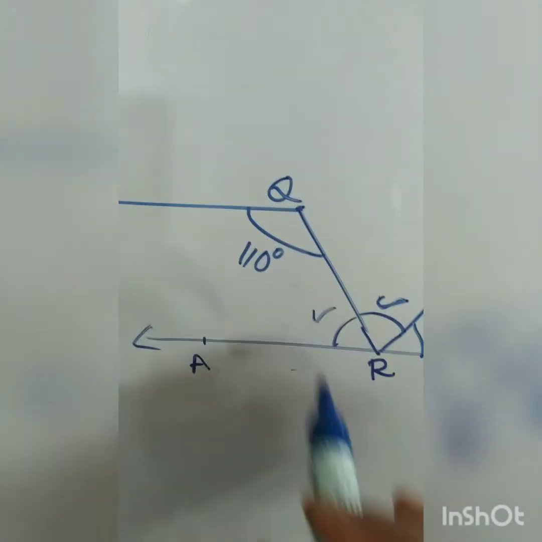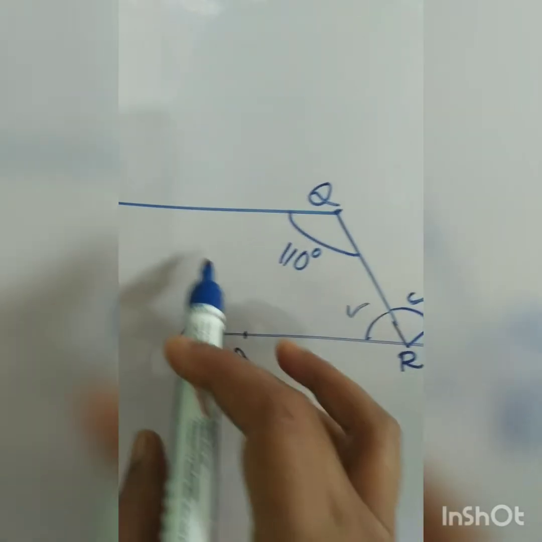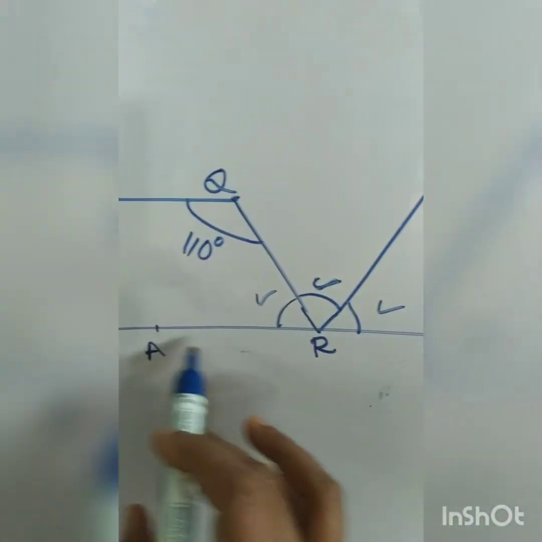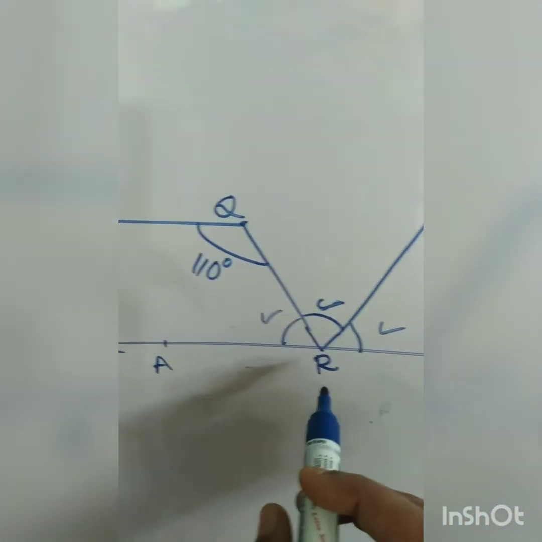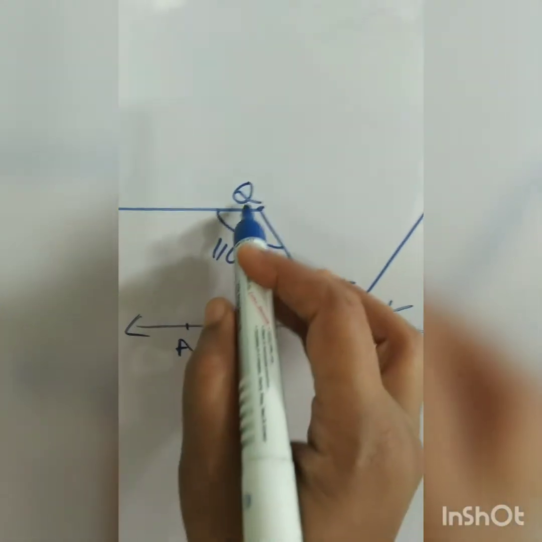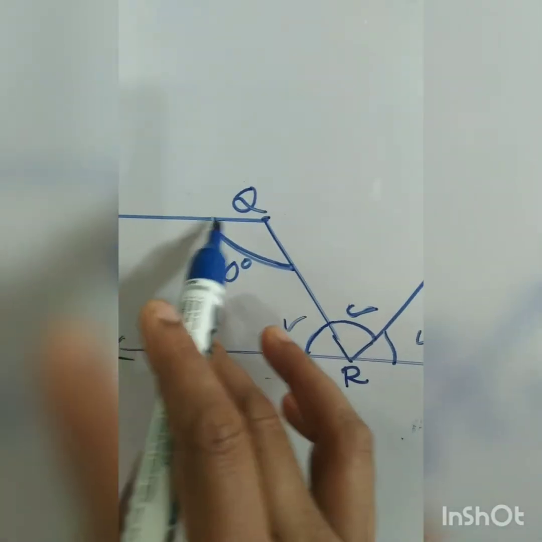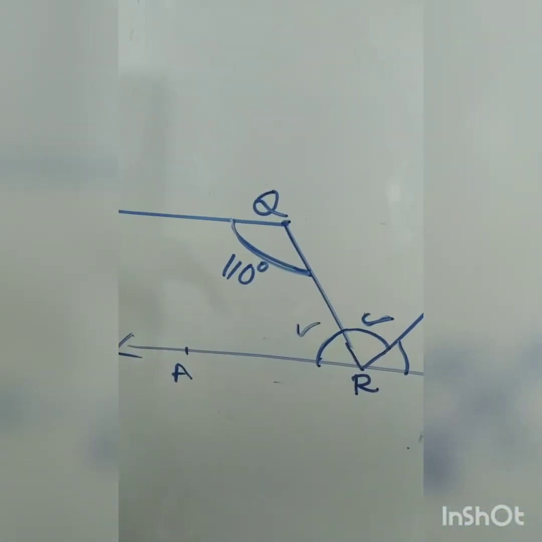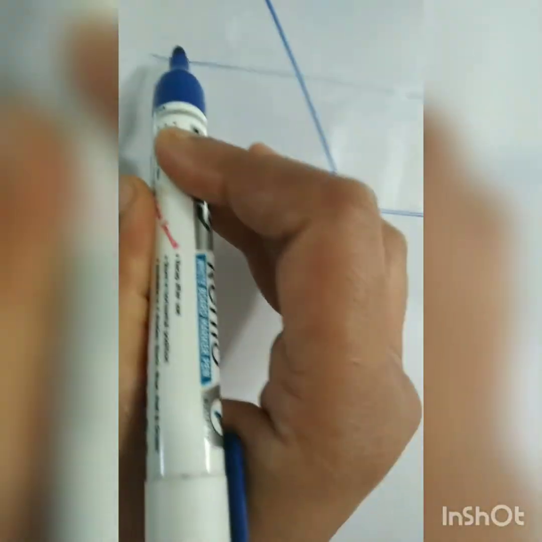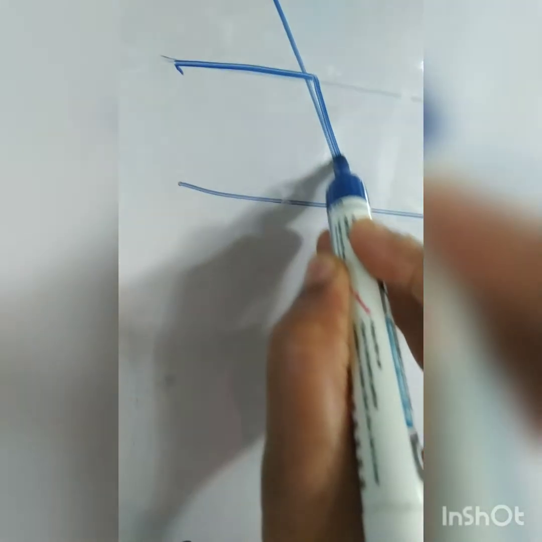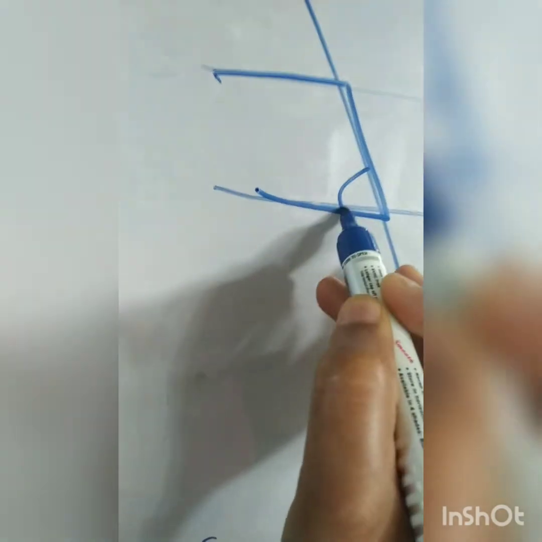Now see this figure. PQ is parallel to AB. See these two angles. They are interior angles on the same side.